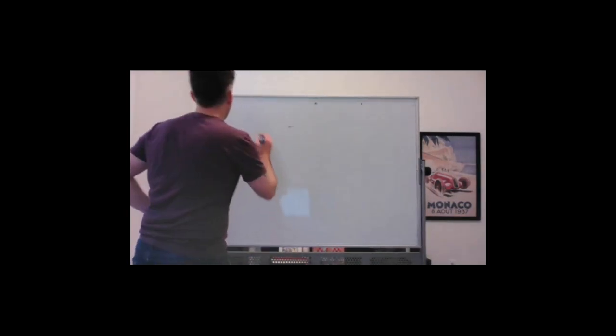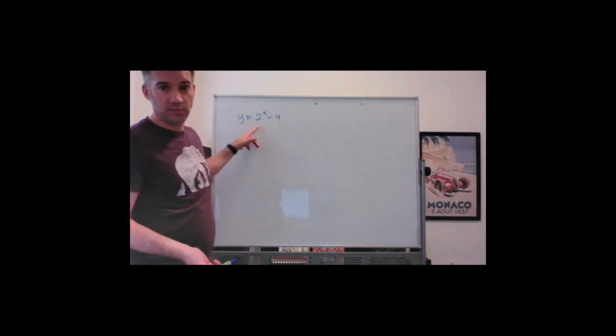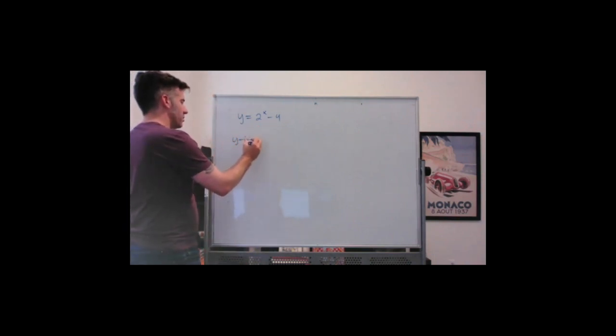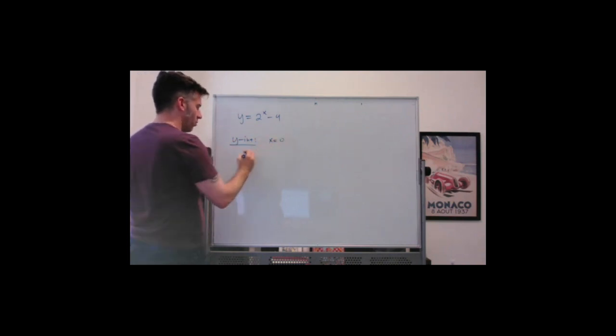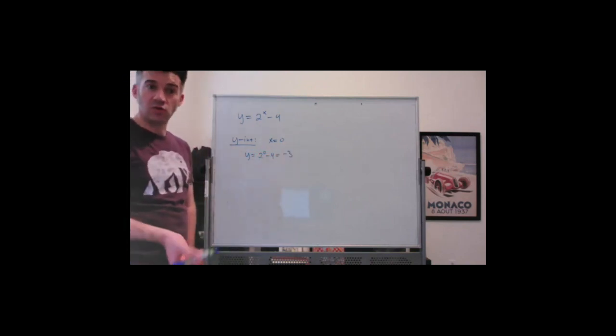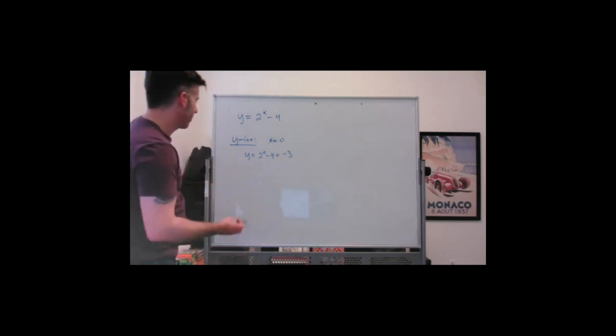So the next one, y equal to 2 to the x minus 4. Again, exponential, increasing from left to right because my base is larger than 1. My y-intercept is going to be, well, x is 0, y is going to be 2 to the 0 minus 4, which is 1 minus 4, which is negative 3. Which isn't surprising because it's your usual y-intercept of 1 shifted down 4, and 1 minus 4 is negative 3.